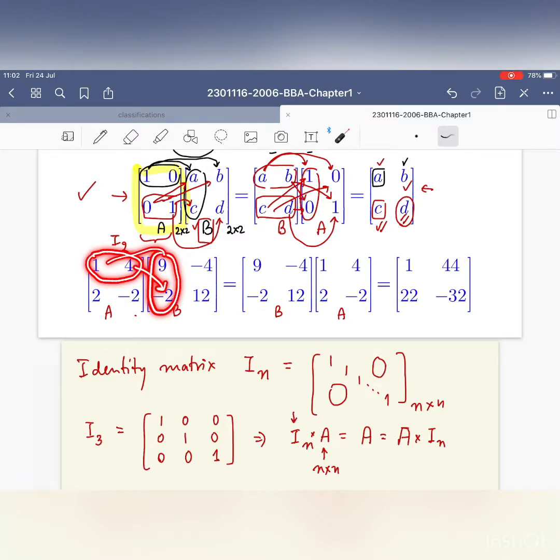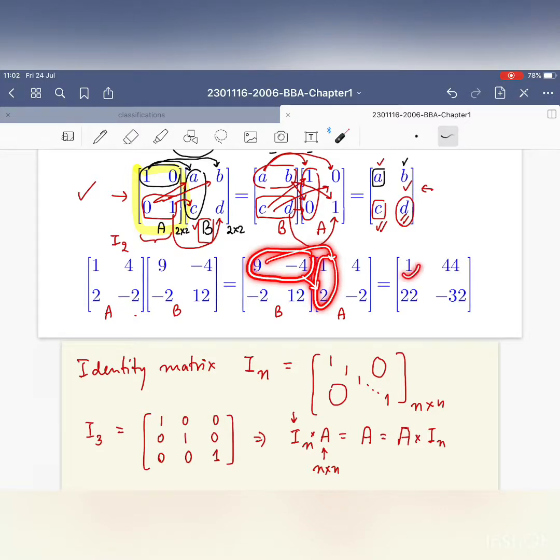So you get 9 minus 8, which is 1 here. How about this? The first row and the first column: you have 9 and 1, which is 9, -4 and 2, which is -8. So I have 9 minus 8, which is 1 as well.